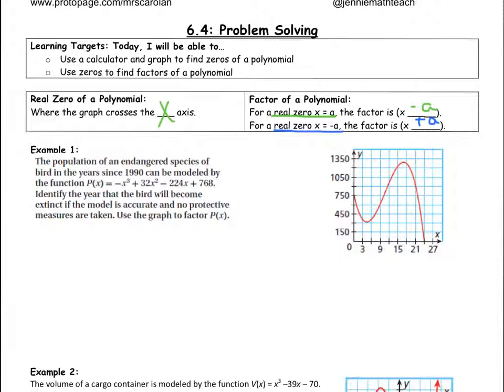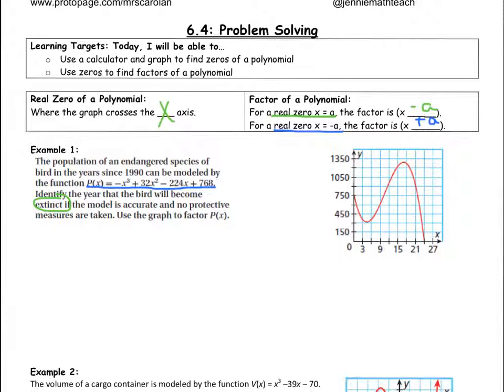So in example 1, we're going to look at this model of endangered birds, and that function right there is the graph that we see to the right. Our job is to figure out when the bird will become extinct if that model's accurate.